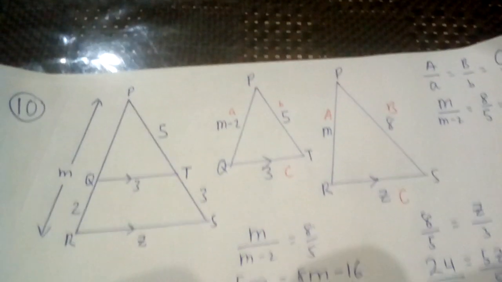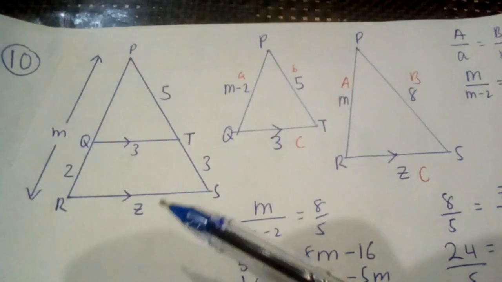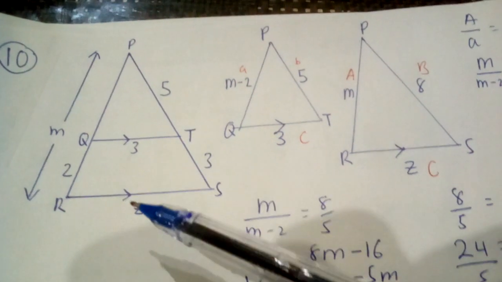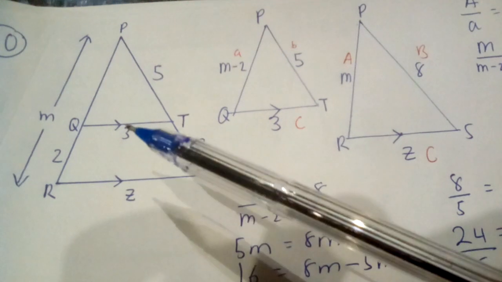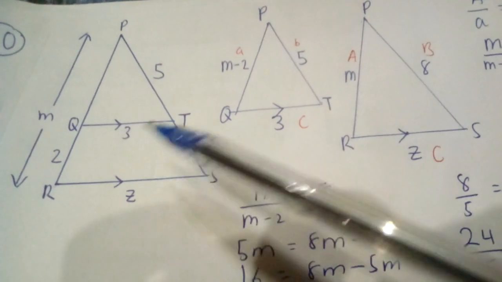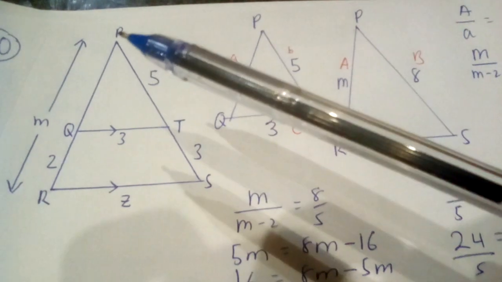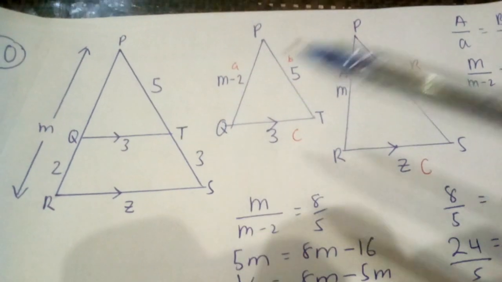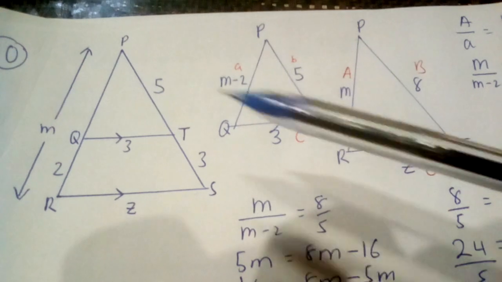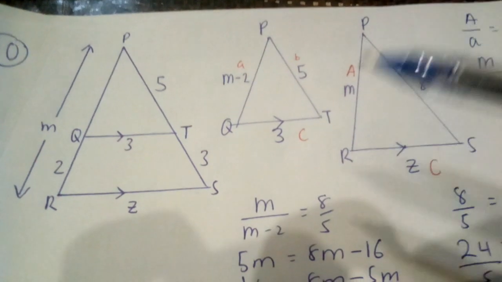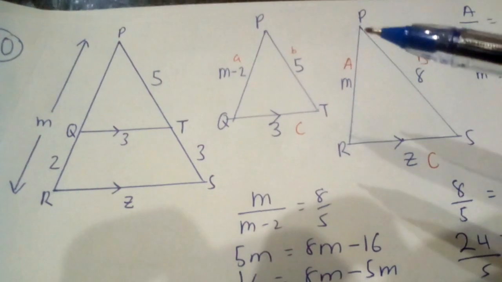Number 10. If you look at number 10 again, you will see we have parallel sides. It means number 10 is related by the proportion of parallel sides. Simple, we do it again. PQT stands for the smaller triangle, and the whole thing, PRS, will stand for the bigger triangle.